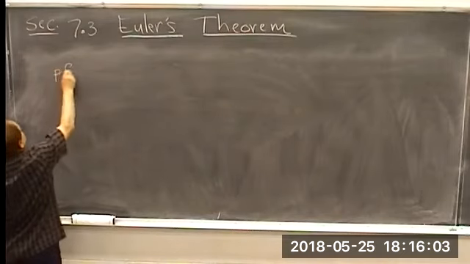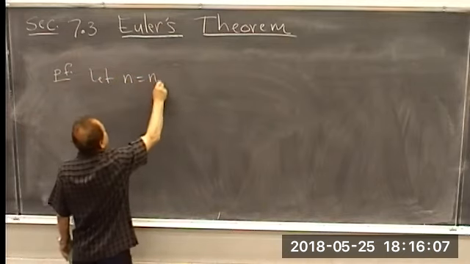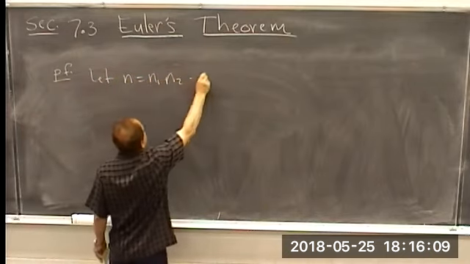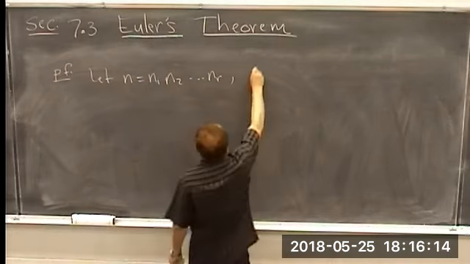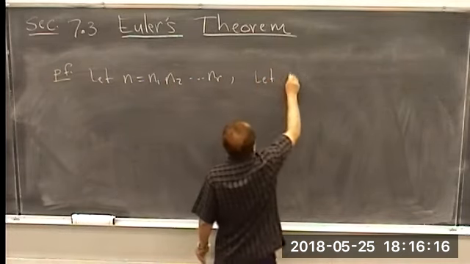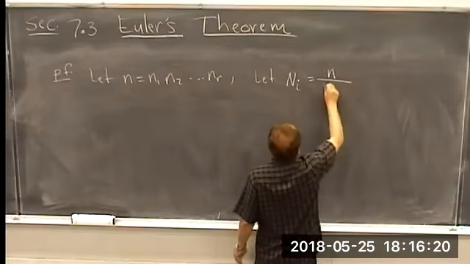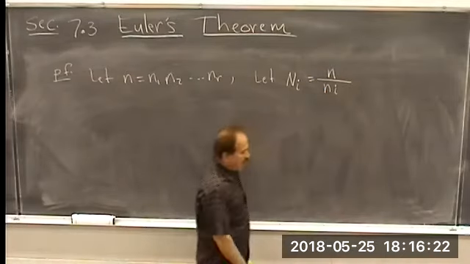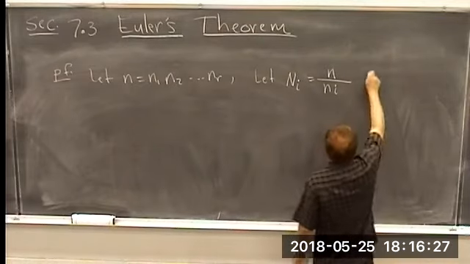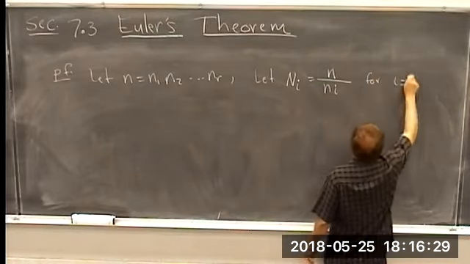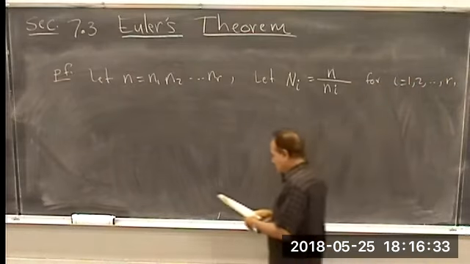So here's the proof. We're going to let n equal n1, n2, up to nr, and we define n sub i equal n divided by n sub i, for i equal 1, 2, up to r.